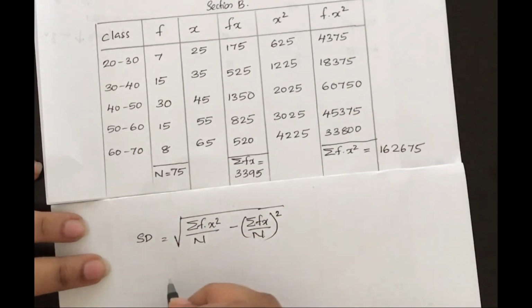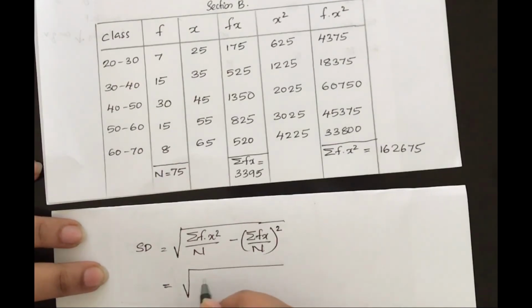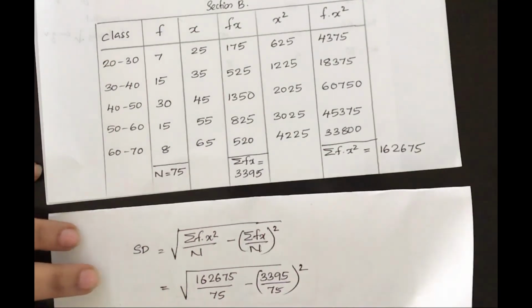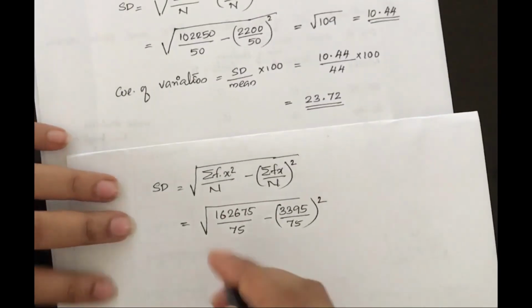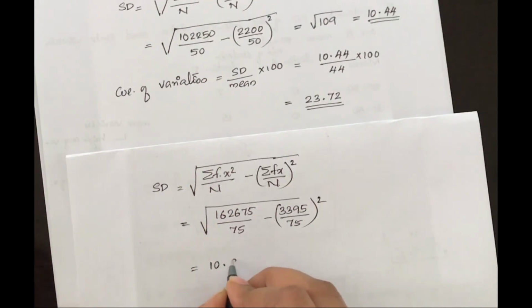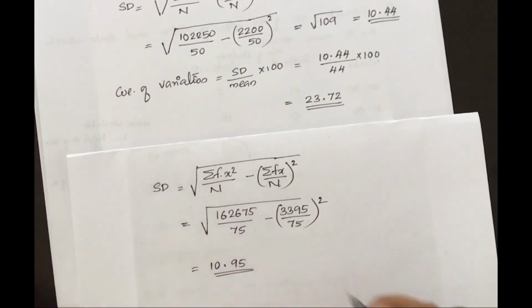So substituting the values, root of 162675 divided by 75 minus 3395 divided by 75 the whole square. Then by solving it, we will get standard deviation as 10.95.